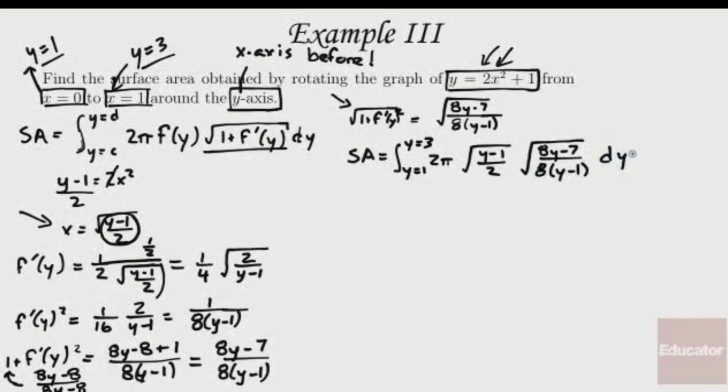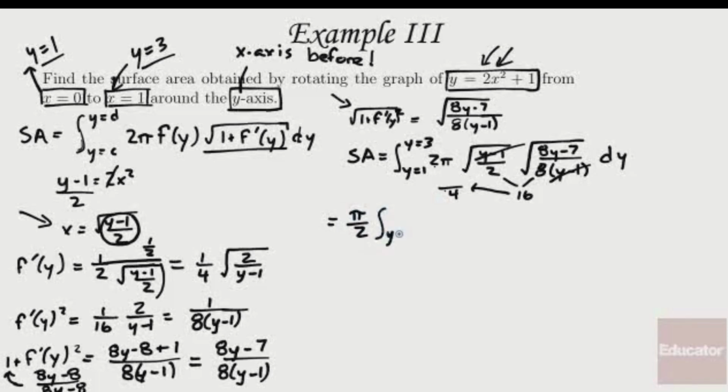Now that's looking pretty messy, but it does simplify. The y minus 1's cancel, and then we're left with a 2 and an 8 in the denominator. That's 16. We could pull that out of the square root and make that a 4 in the denominator. So this simplifies down a bit to 2 over 4, which gives us 1/2. I'll pull the pi outside.